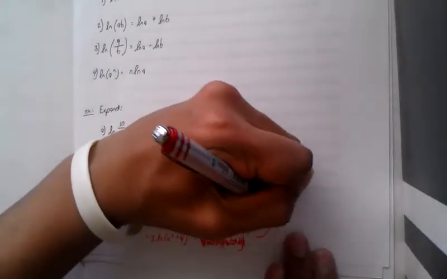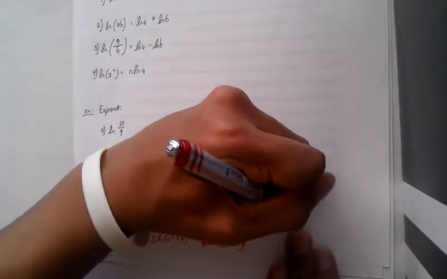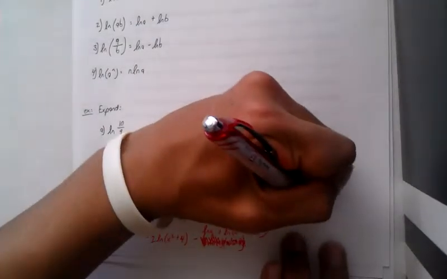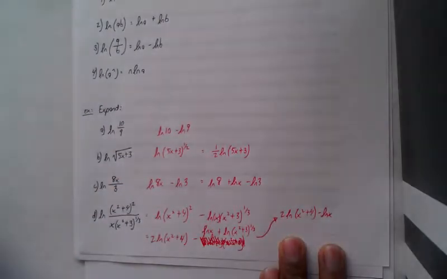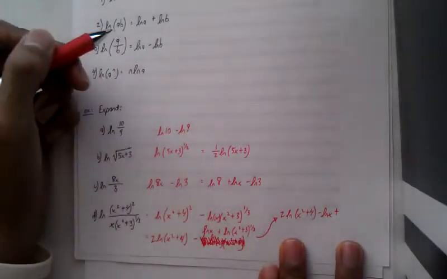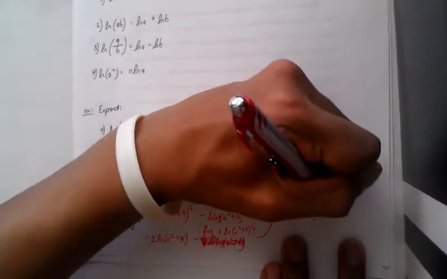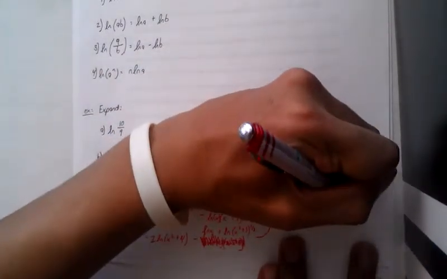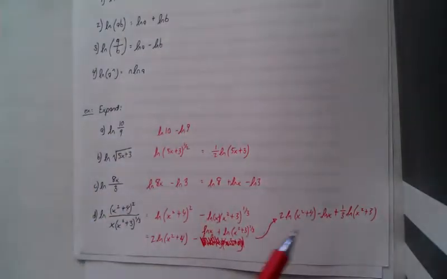So when you have that, it's 2 natural log of x squared plus 4. Left side stays the same. Minus natural log of x plus, now we can bring this 1/3 out into the front of the natural log. And we have x squared plus 3 in the parentheses. And there's our expanded form.